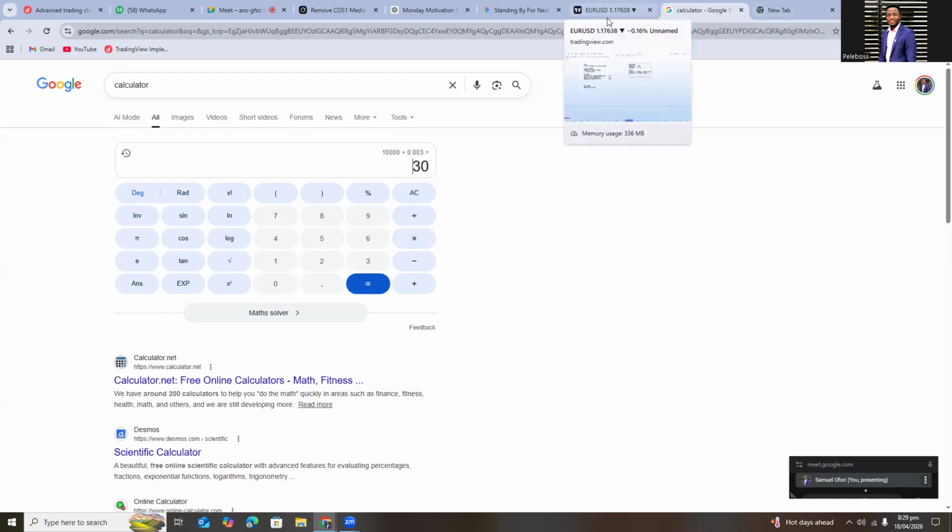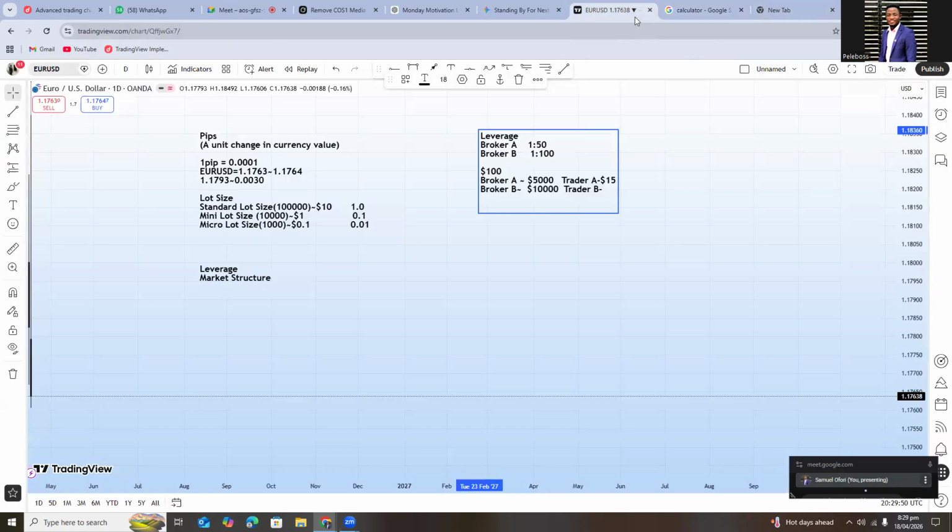So trader B is also going to make $30 profit. So it means that the higher the leverage, the higher the returns. When you are trading with the same capital, but on different leverages, the one with a higher leverage is going to earn more.